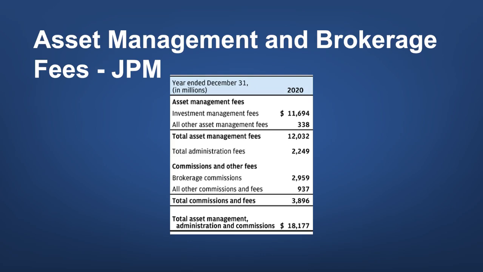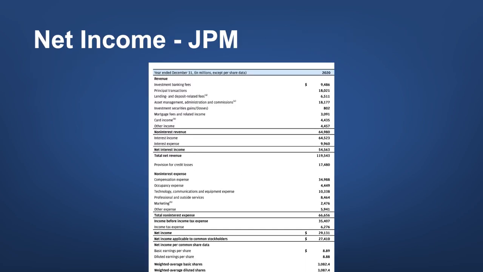The bank earns asset management fees from managing portfolios. It also earns brokerage commission fees from helping with customer trades. This business line also generated $18 billion and change. Adding up those fees gives us our non-interest income of $64 billion. For a bank as large and diversified as JP Morgan, this amount is actually bigger than the $54 billion of profit generated by the lending business.